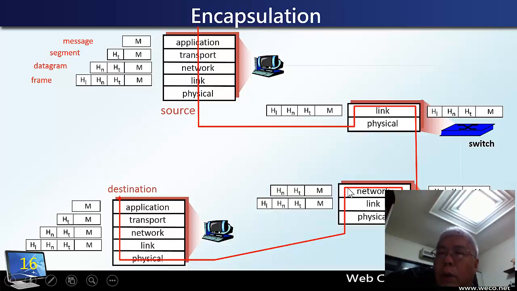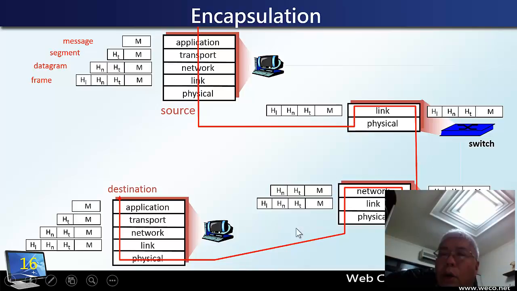So maybe not just one router, maybe many routers, and that should be discussed in your computer network course. Then eventually it goes through routers and gets to a switch and to the destination. At the destination it goes the other way around.